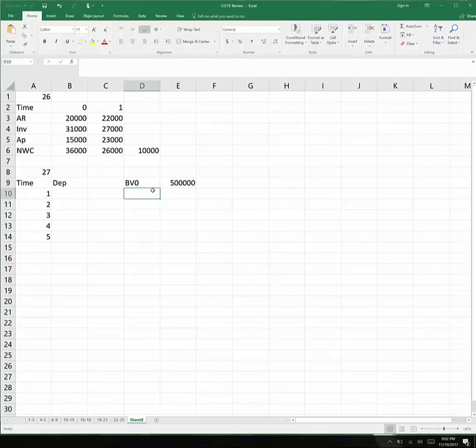It has a 10-year life and will be depreciated straight line. So depreciation per year is going to be the starting book value divided by 10, so $50,000 per year. So that's always the same.